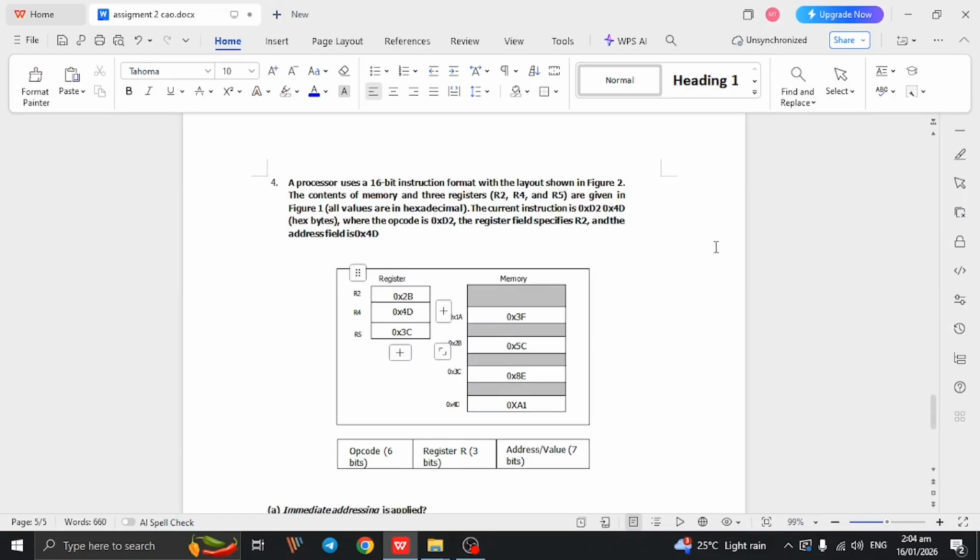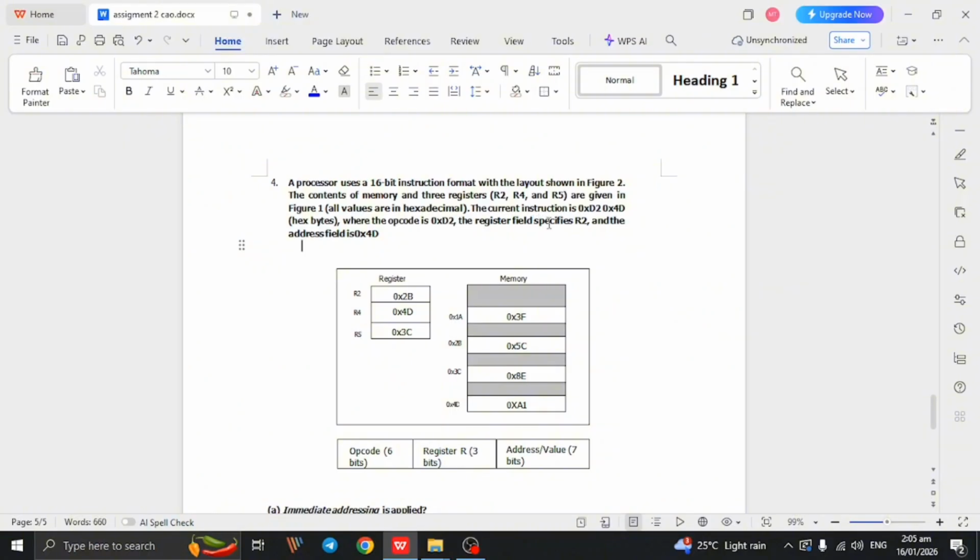Alright, for the fourth question, we are given a processor that uses a 16-bit instruction format with the layout shown in figure 2. The contents of memory entries and registers R2, R4, R5 are given in the figure, and the opcode is 0xD2.